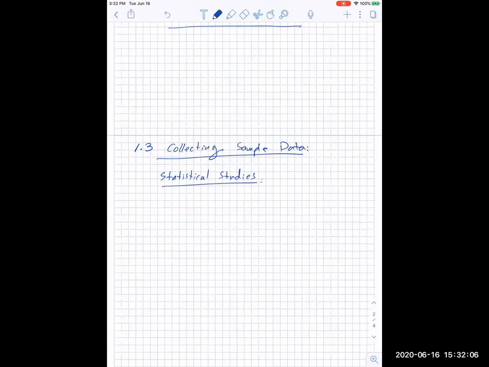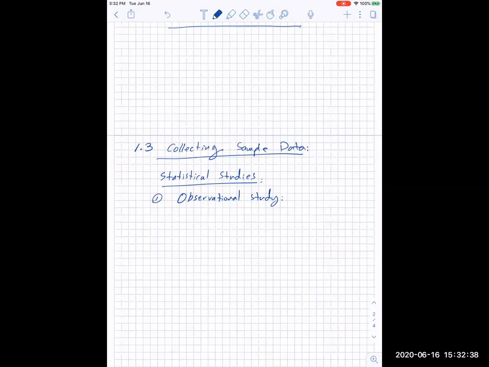We have the observational study, and in the observational study, basically we observe and measure specific characteristics of the individual.